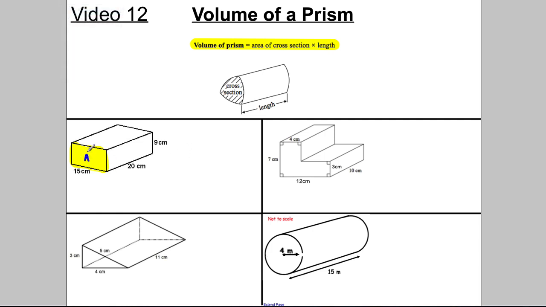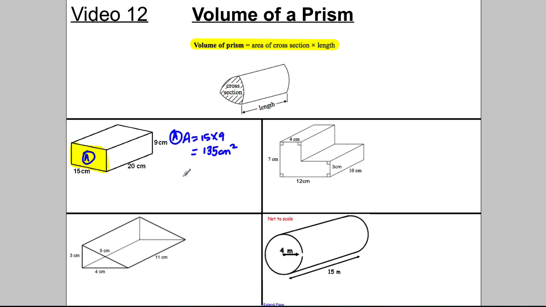So firstly, work out the area of the flat face, which I might call A. The area would be the width times the height, because it's a rectangle. So it would be 15 multiplied by 9, and that would be equal to 135 centimeters squared.